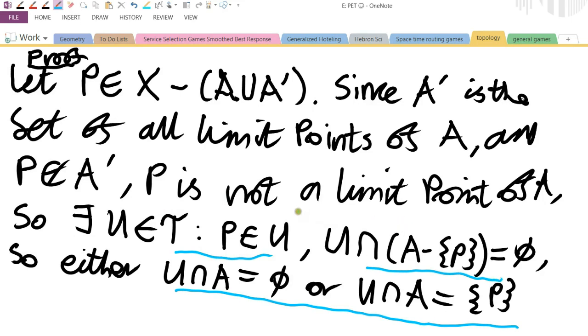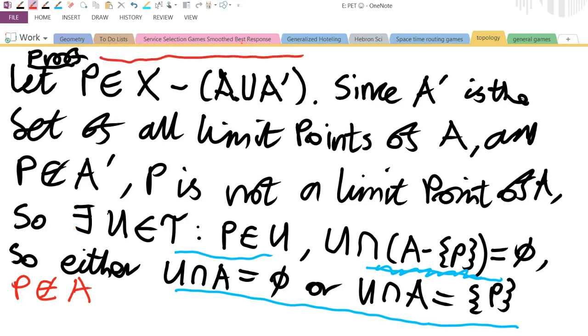However, this condition here, that U intersection A is equal to the set containing P, just isn't possible, because we know that P does not belong to A, because that's how P was defined up here.